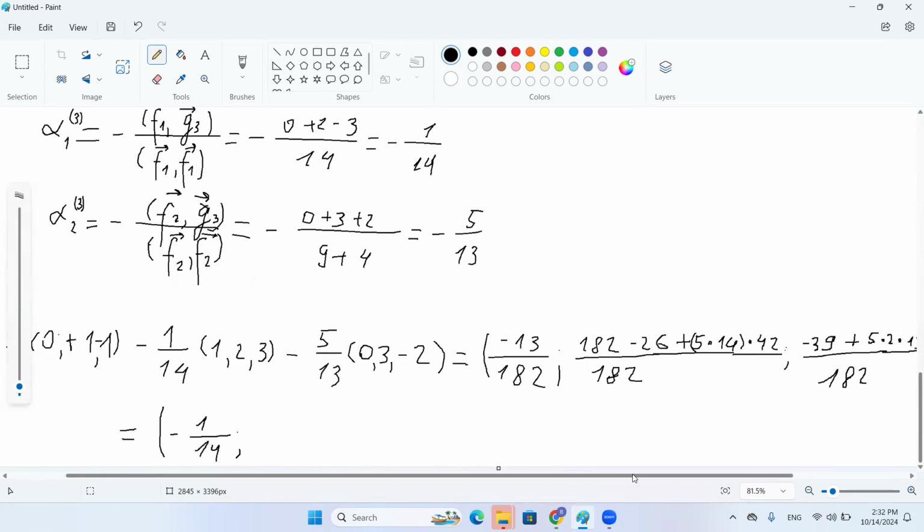So 182 minus 26 minus 5 by 3 by 14 by 3.